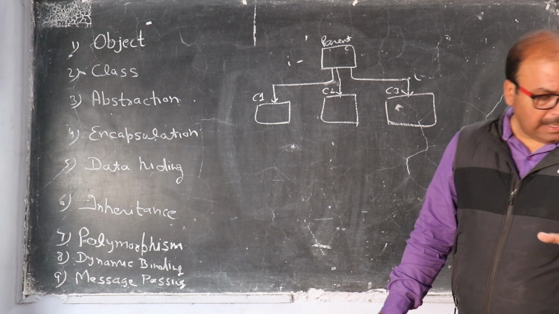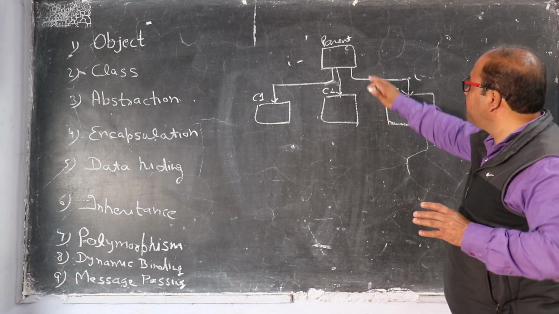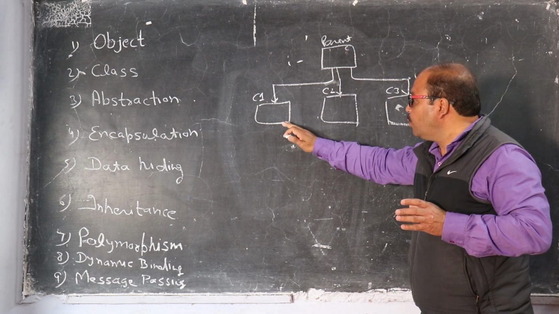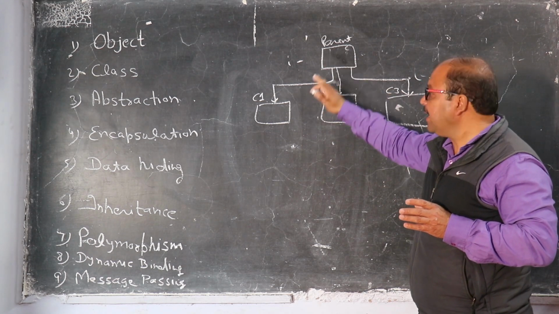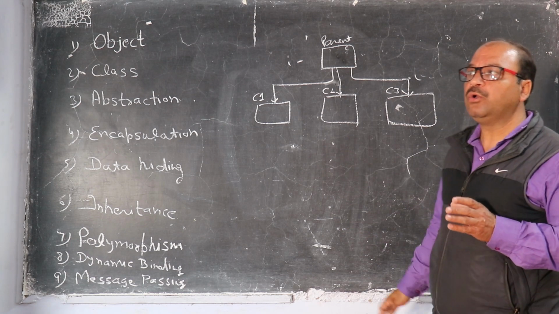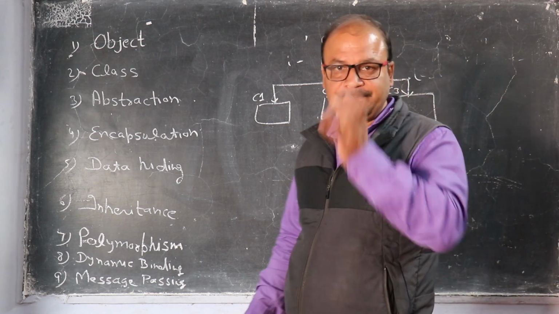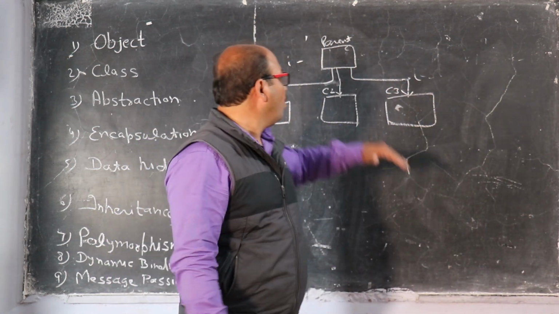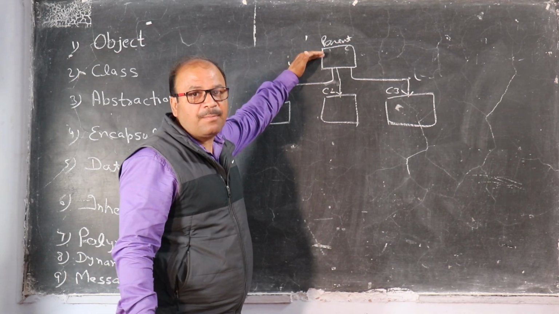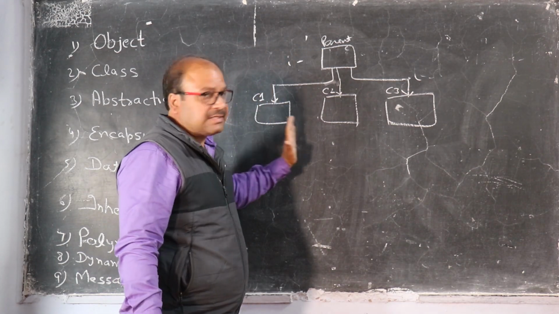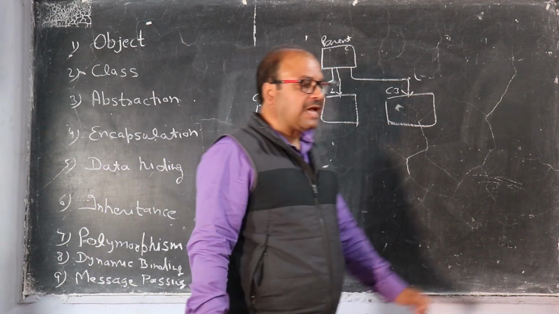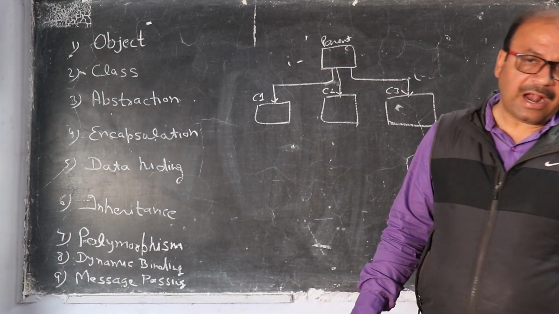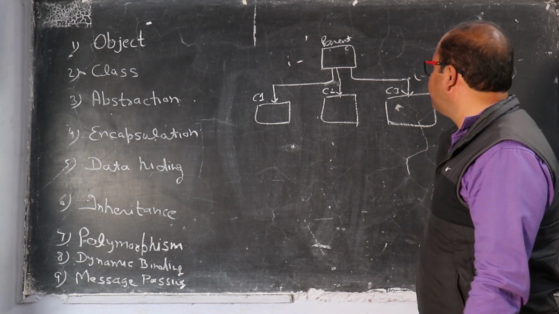So, in hierarchical inheritance, when the property of a parent class is acquired by two or more than two child classes, then this type of inheritance is called hierarchical inheritance.